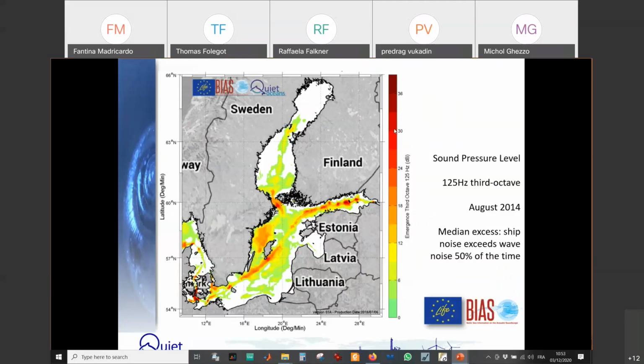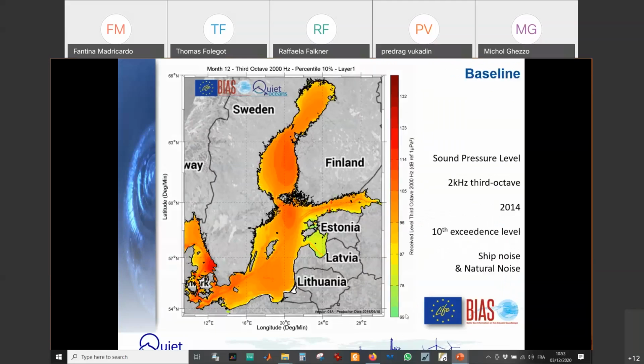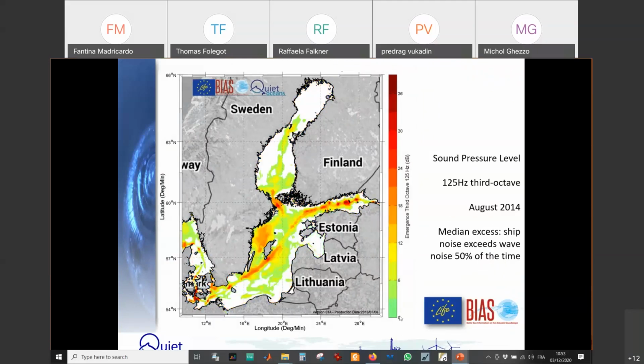So now the decibel scale has changed. It's not 70 to 140 decibels, which is the level you would measure. Here it's a level that starts from 0 to a few tens of decibels, because this is the level above the natural sound. I'll talk a little bit later on what is the use of that. It's a kind of measure of how much humans add to the environment.